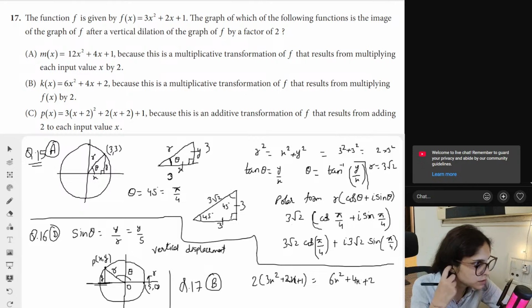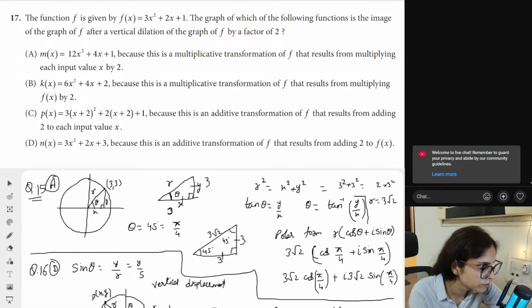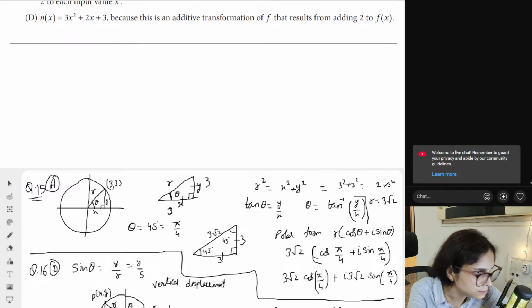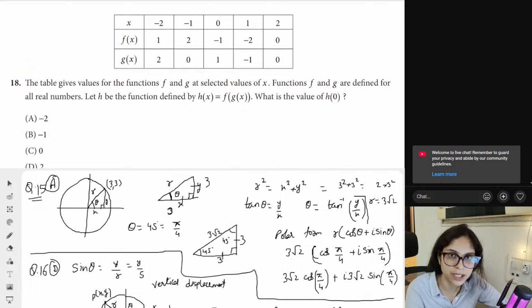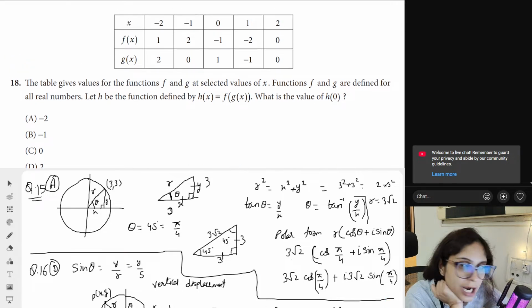So option B. Because dilation is your multiplicative function and vertical means the factor will remain the same.